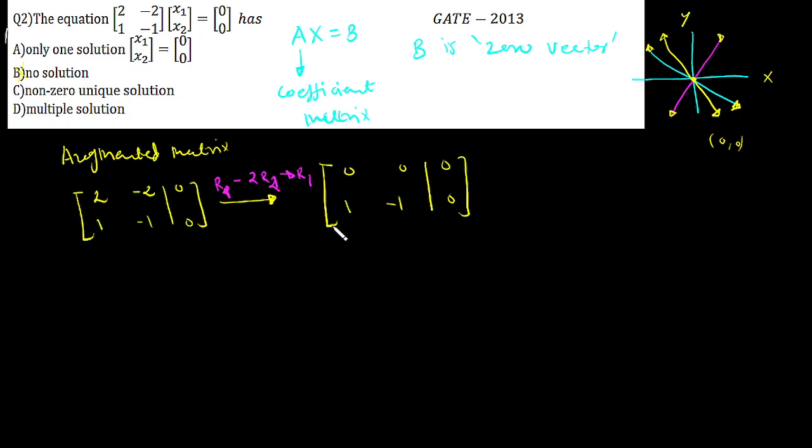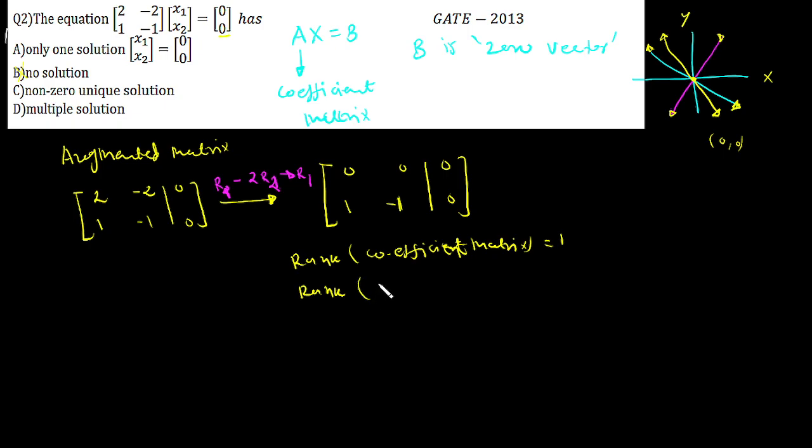So here one may say that I am getting only one linearly independent row. So I can say the rank of the coefficient matrix is 1, and the rank of the augmented matrix, including this column, does not make any difference, because the right hand side here is the 0 vector.